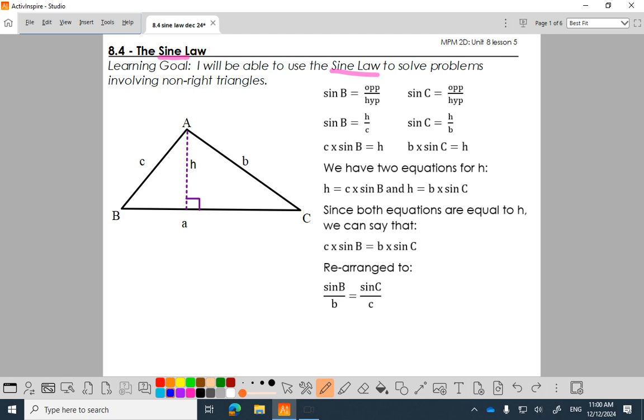And then to get C out of the bottom, we rearrange. And if you do sine of C, the angle over here, then the opposite side is also the height. So if you have two of the same things equal to each other, you can set them equal to each other. We call that substitution.